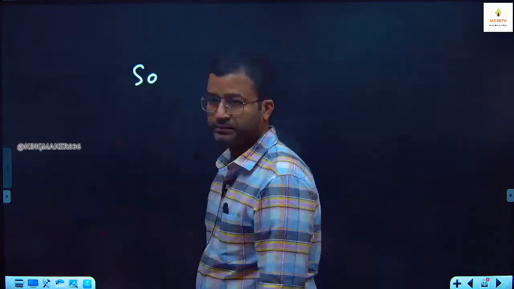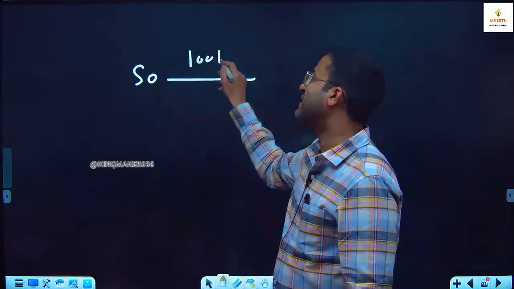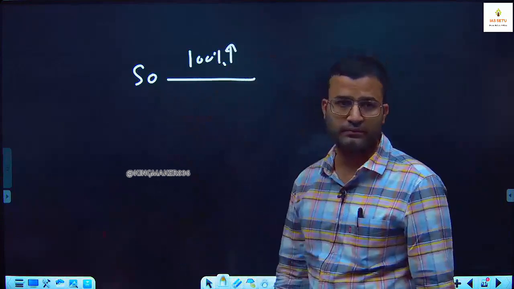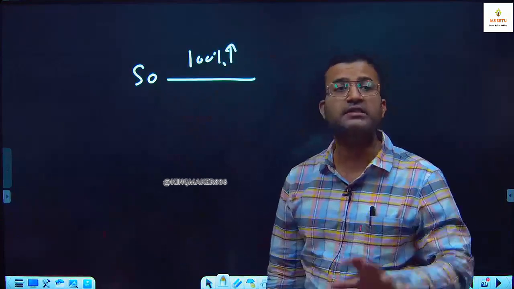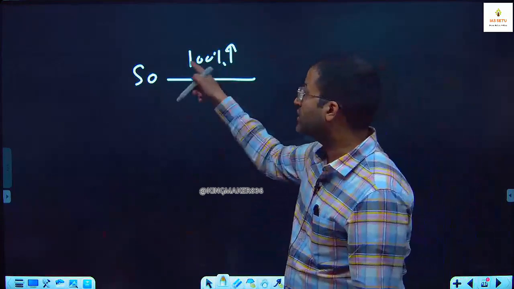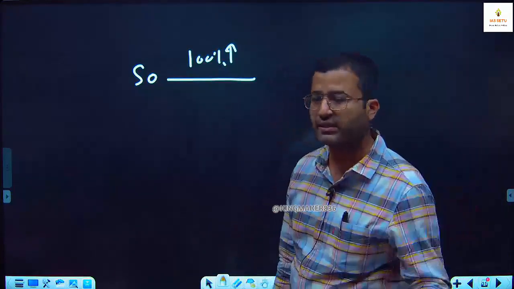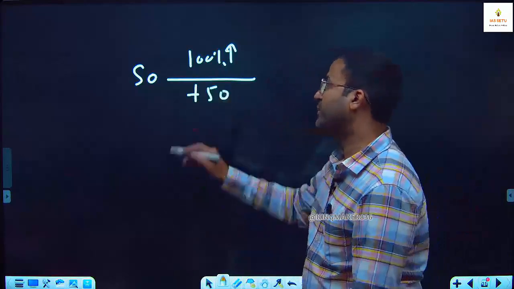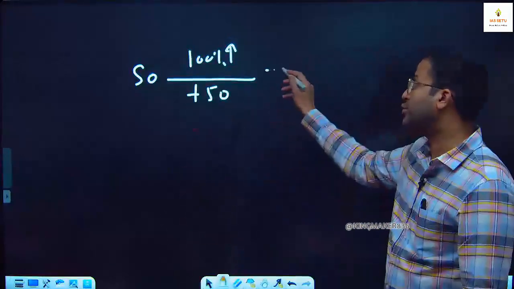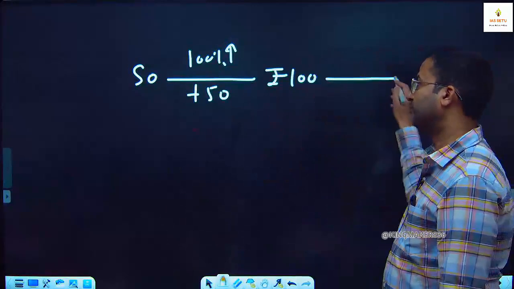Like if the petrol price was earlier 50 rupees and over a period there is a 100% increase in the petrol price. What is 100% of 50? 50, same value. 100% means exactly the same value. So it means there is a 50 rupees increase in the petrol price. So the new petrol price is 100.